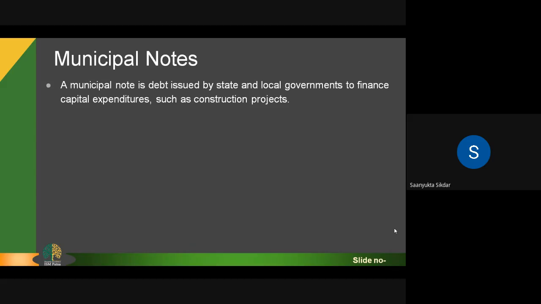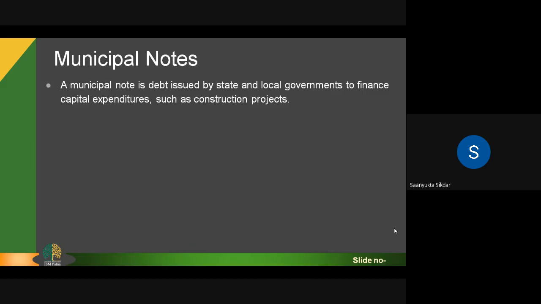Another category which is very important when we talk about the different money market instruments is municipal notes. Now let us have a look at what municipal notes are. A municipal note is a debt instrument issued by state and local governments to finance capital expenditures such as construction projects.